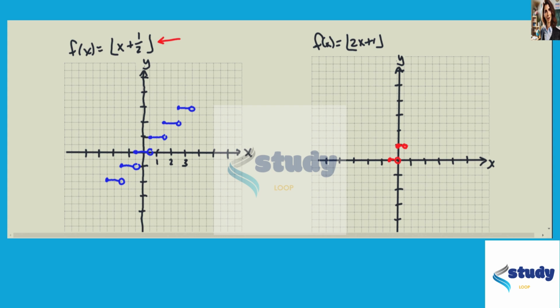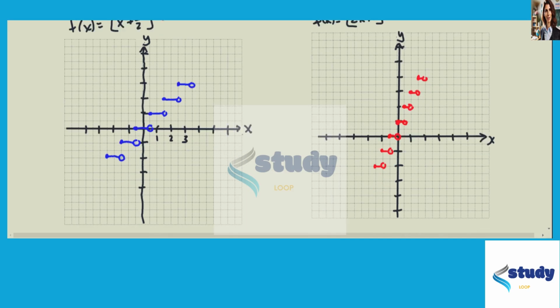When it equals 1/2, now it's going to equal 2. When x is 1, it's going to equal 3, and so on. So these are small little steps, half the size of the steps in the first problem. And it also goes down into the negative values as well. So it can go both directions.